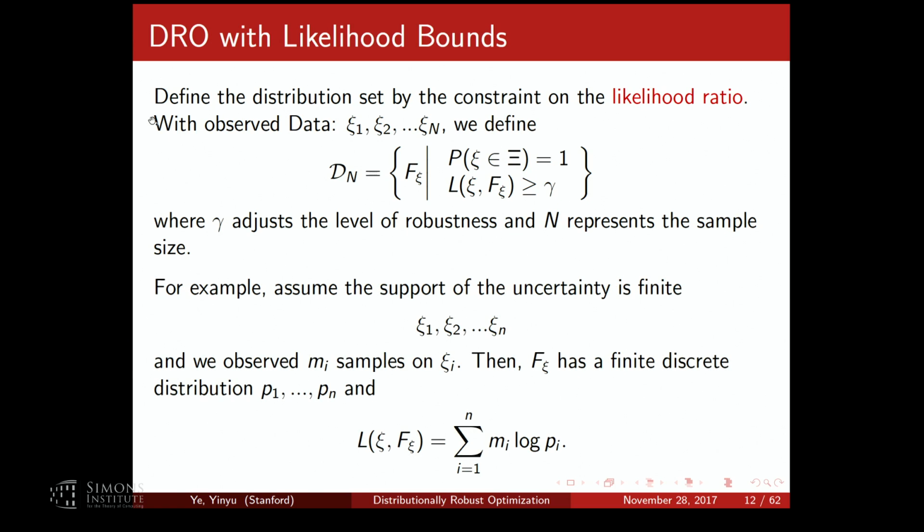For example, you assume the support of the uncertainty is finite. You only have n possible realizations. You observed M_i samples of each realization, so M_i would be your sample distribution. The reasonable maximum likelihood function would be the sum of M_i log P_i, where P represents your true distribution over these n possible outcomes. So this is the idea.